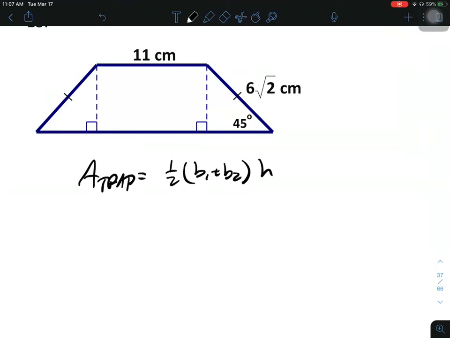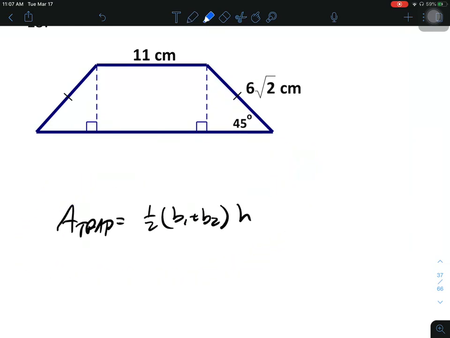So currently, we only know one of the bases, and we don't know the height. This is a special right triangle, 45, 45, 90. Hypotenuse is 6 square roots of 2. That makes the short leg 6. That's also the height.